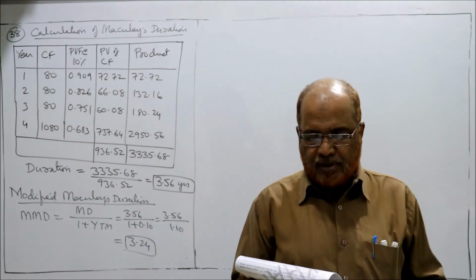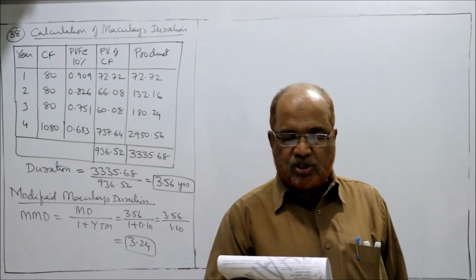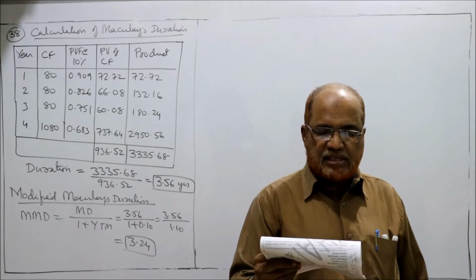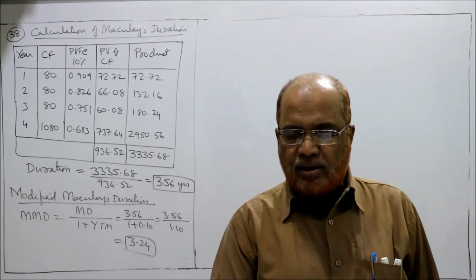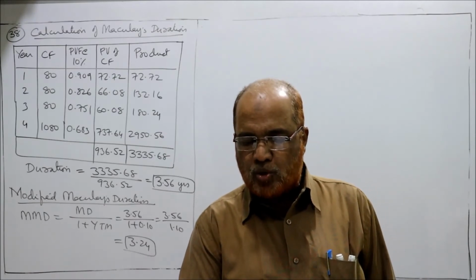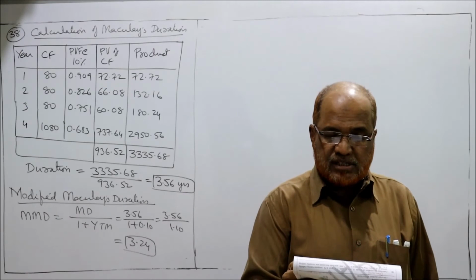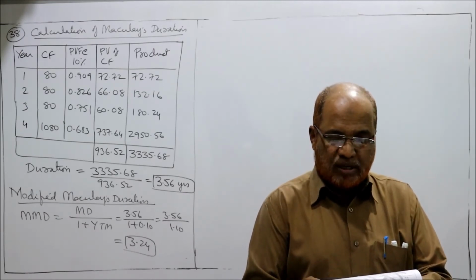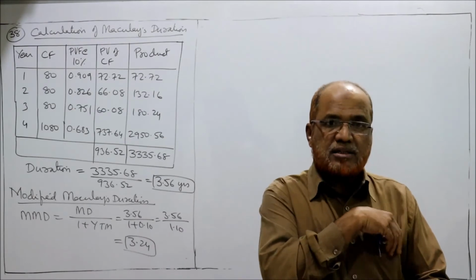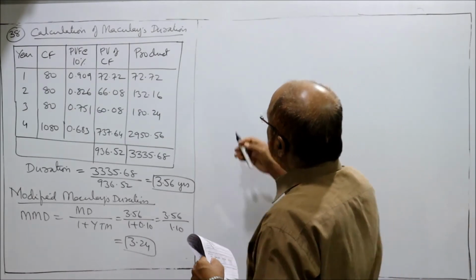We are given the data for two bonds, ABC and XYZ. The bond ABC has 10 years to maturity, annual interest 80 rupees, maturity value 1000. For XYZ, 15 years, 65 rupees annual interest and 1000 rupees maturity value. We have to calculate the value as well as duration for both bonds.